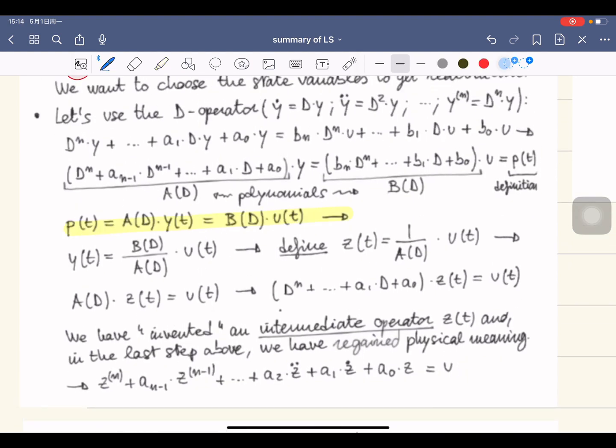Let's look at here. Take the output this way and define z(t) equal to u(t) over A(D). This one is defined as z(t). Sorry, it's not like this way.